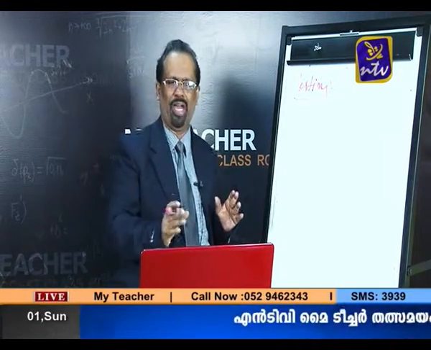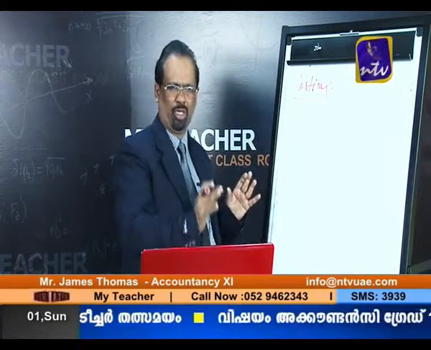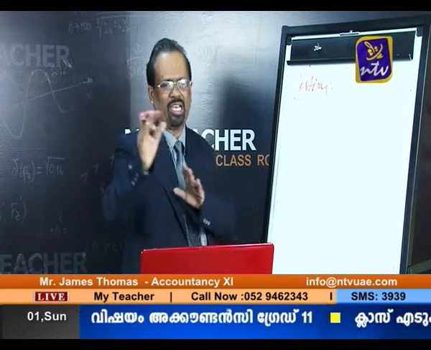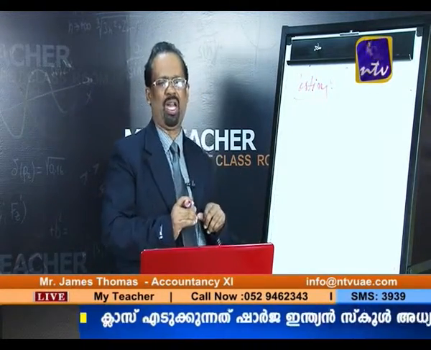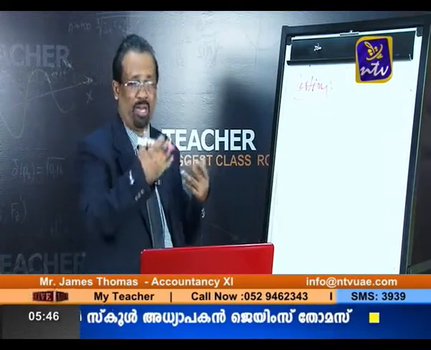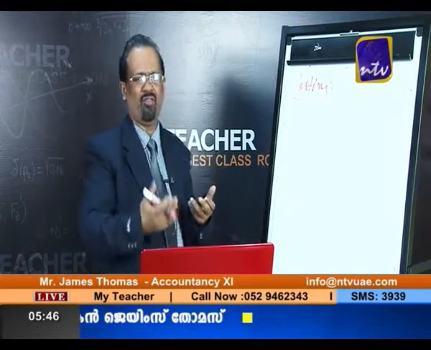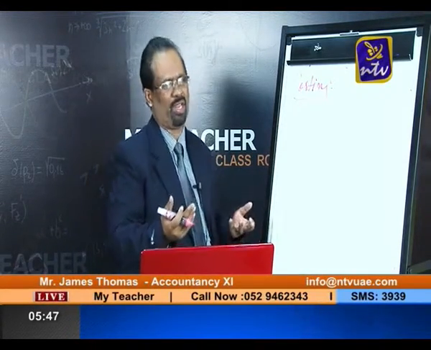For example, cash account always shows a debit balance. So you take out the debit total, write the same total on the credit side and take out the difference. That difference is known as balance carried down. And tomorrow, when we start the next week or next day with that particular balance, that balance is known as the opening entry.